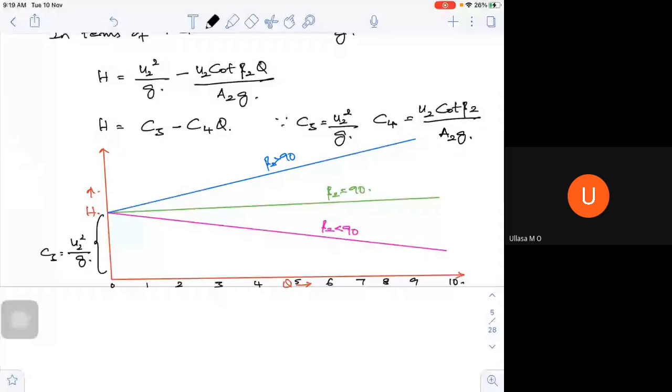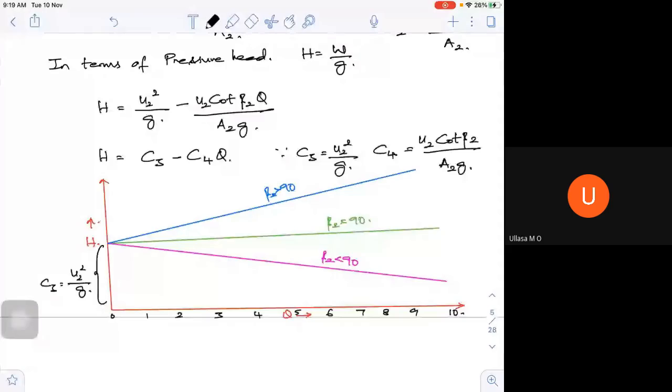So I will take this expression H equal to U2 square by G minus U2 cot beta 2 by A2 into G into Q. I want to fix the value of beta 2.